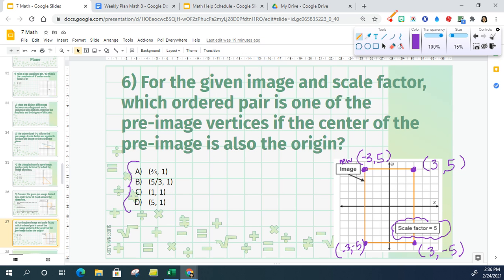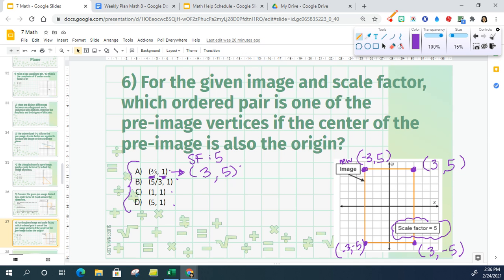Now we're going to take these coordinates and use our scale factor of 5 and multiply by 5. Someone grab a calculator. What's 3/5 times 5? 3. And what's 1 times 5? Does this coordinate match any of the coordinates that we just listed out?